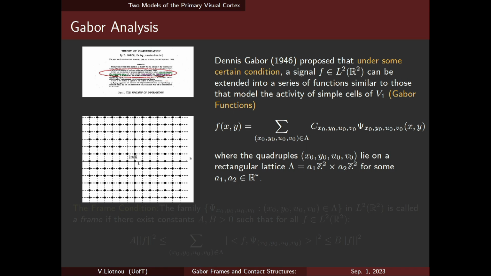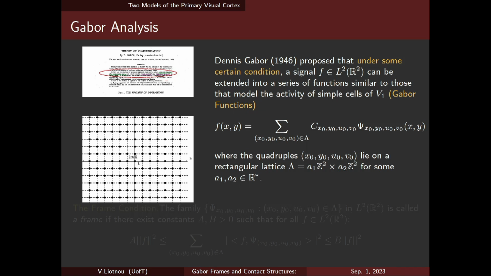The answer would be coming from the 40s, where Dennis Gabor proposed a way to use a family of Gabor functions, so functions similar to those that model the simple cells of the visual cortex, to reconstruct a signal in L2 space into a series where the parameterization will be quadruples on a rectangular lattice as we see in the picture.